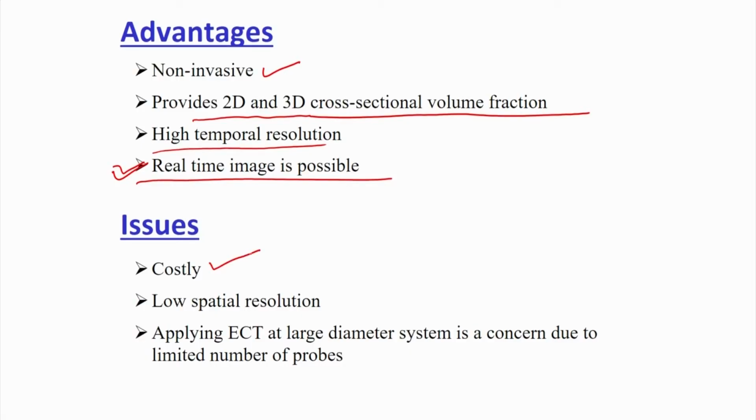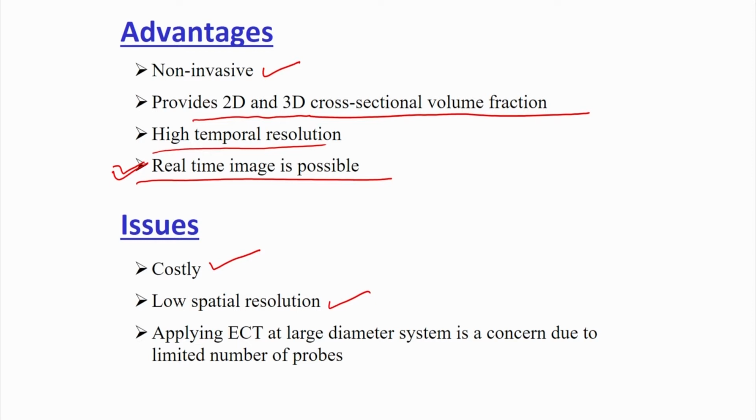The issue with it is that it is costly compared to any invasive technique, it is very costly. It has a poor spatial resolution. I have already shown you that the images are blurred. So, you will have a very poor spatial resolution, and another disadvantage is the number of electrodes are fixed, and you have to fix the electrodes at the time of purchase itself, and also you cannot use a very high number of electrodes.